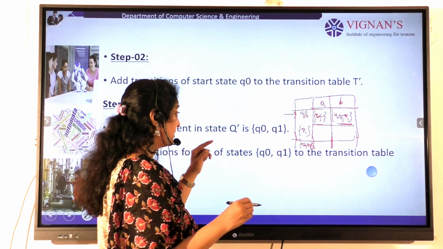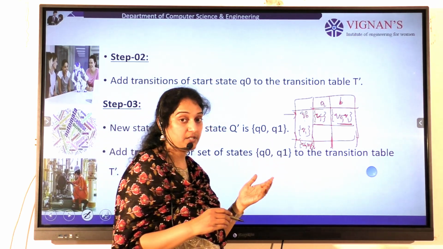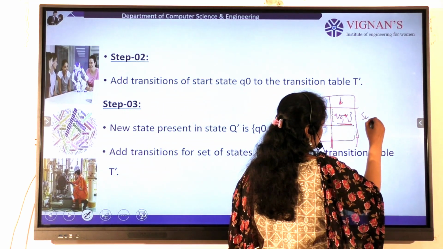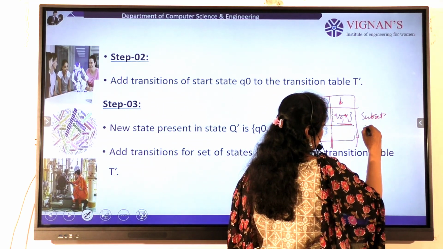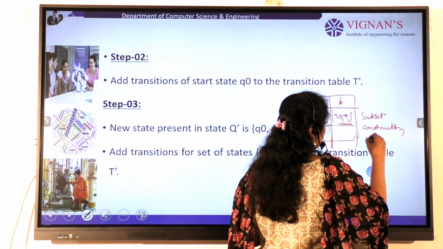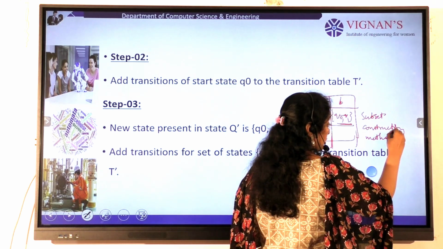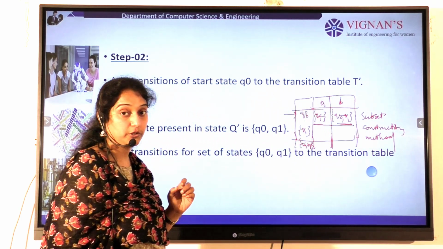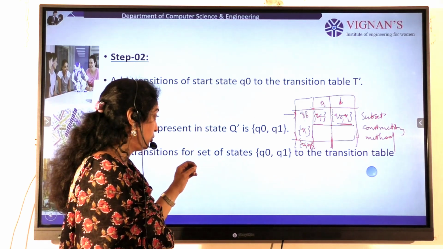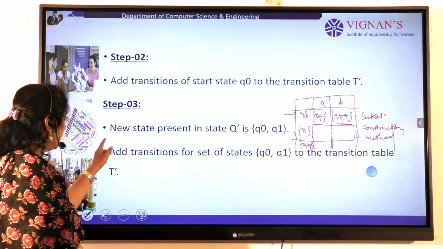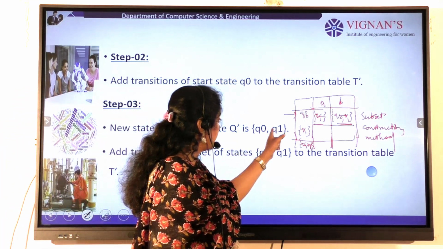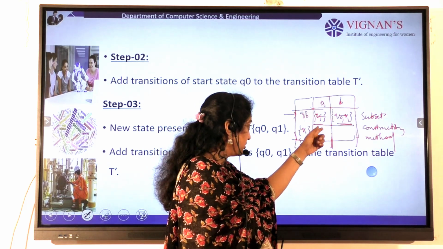This method, where we construct new states each time, is nothing but the subset construction method. So we can say that in order to convert NFA to DFA, the subset construction method plays the vital role. Here in step 3, the new states present in Q dash are Q0, Q1 as well as Q1.